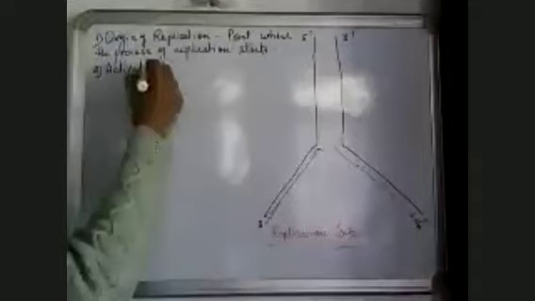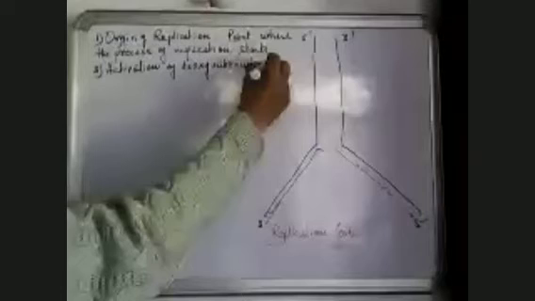In the second step, what is already present in the nucleoplasm is dAMP, deoxyadenosine monophosphate, or dCMP, deoxycytosine monophosphate, or dTMP, thymine monophosphate, or dGMP, guanosine monophosphate.